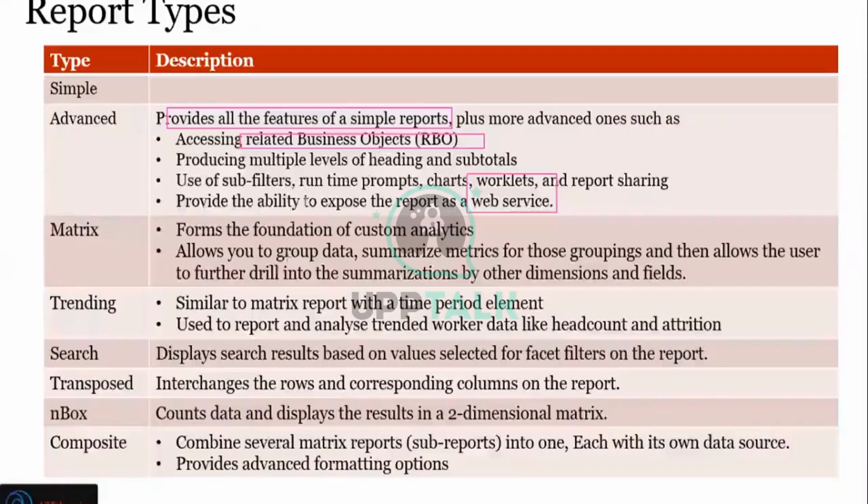Matrix reports allow you to summarize and group your data. You can get values, for example, the average salary of your managers versus your senior managers, and so forth. Those are the kind of summarized values that your matrix report delivers.